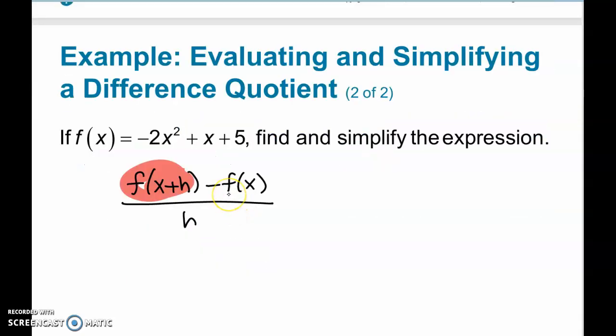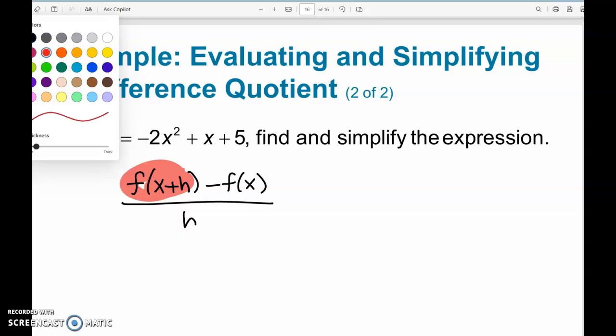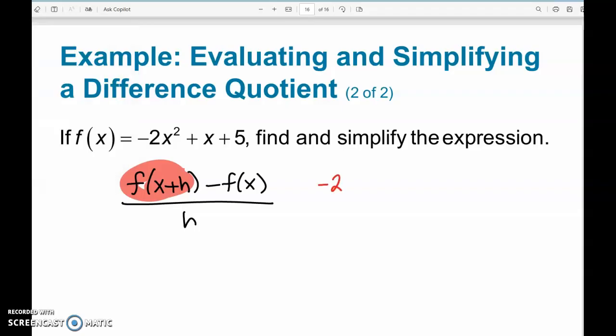So I'm going to replace what I highlighted there. I'm going to put it in the difference quotient here. So let me write that down. I figured it out. It was negative 2x squared minus 4xh minus 2h squared plus x plus h plus 5.